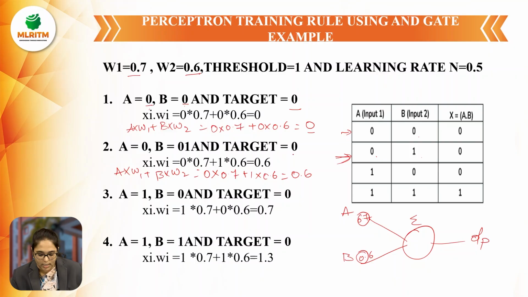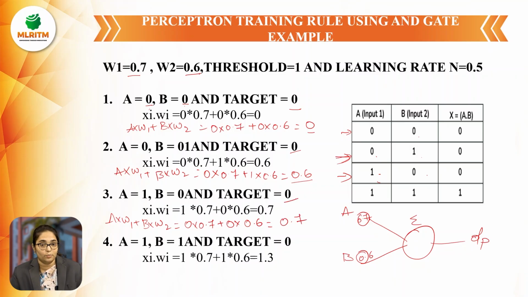The targeted output is 0 and the actual output is also 0. Both are matching. Next is A equal to 1 and B equal to 0. Same thing, A into W1 plus B into W2. So A is 1, so 1 into 0.7 plus 0 into 0.6. Here the value is 0.7.